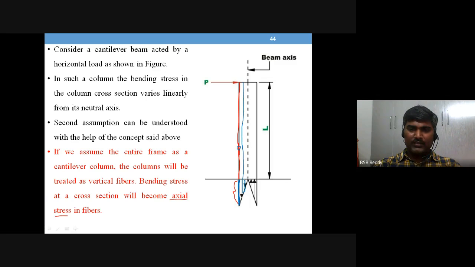So how is the stress varying? You see, it is 0 at the neutral axis, and it is proportional. You see this is an inclined straight line, right? So what does that mean? y equal to mx.